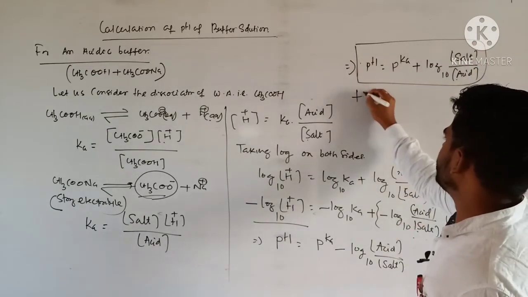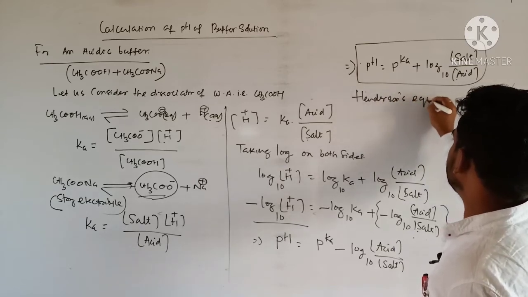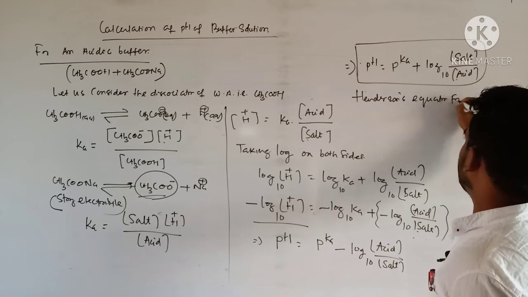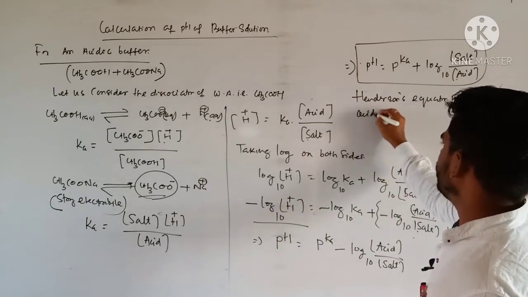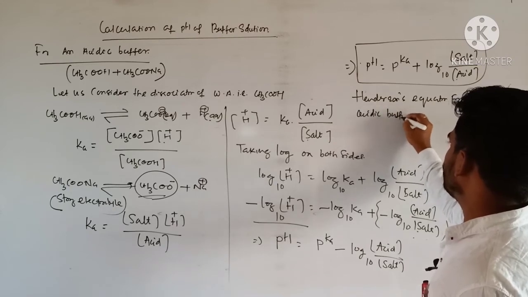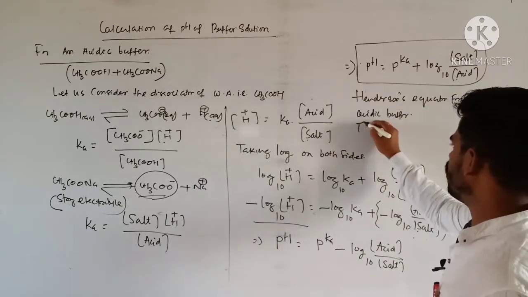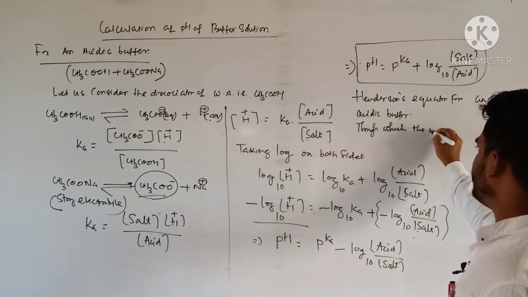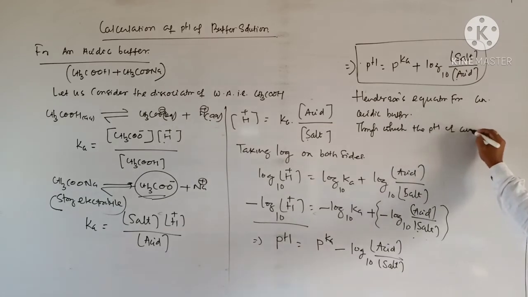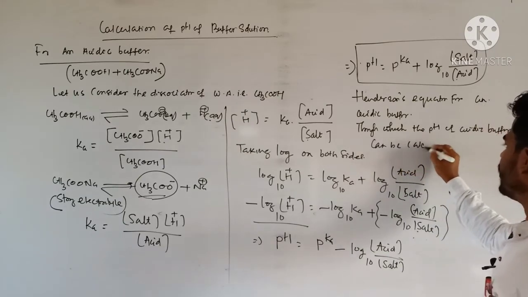Okay, Henderson's equation for an acidic buffer, through which the pH of an acidic buffer can be calculated.